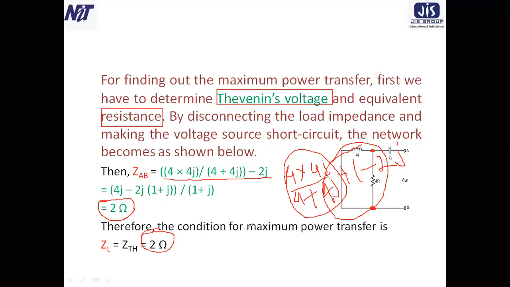We know that maximum power will flow through the circuit when the internal impedance equals the load impedance. You already found the internal impedance, so if the load impedance equals it, then maximum power will flow. It's like a back calculation type. So the condition for maximum power transfer is ZL equals ZTH, that is equal to 2.